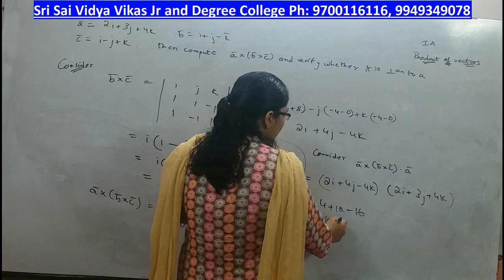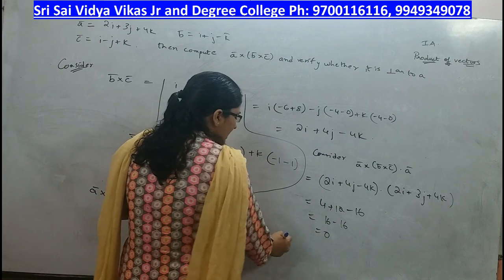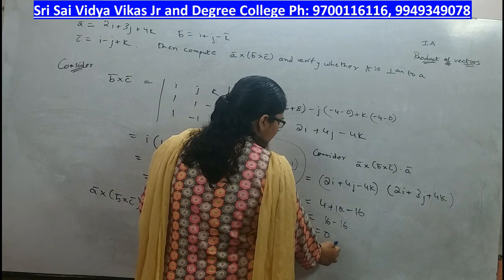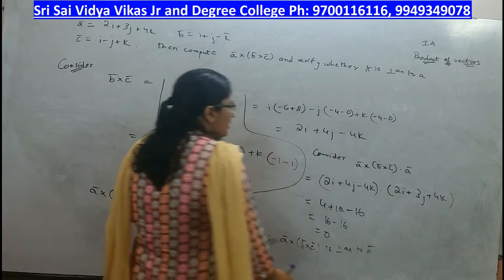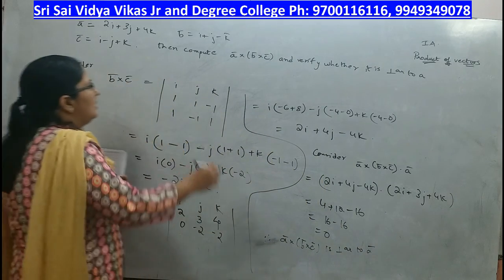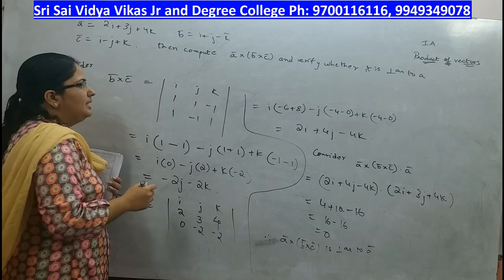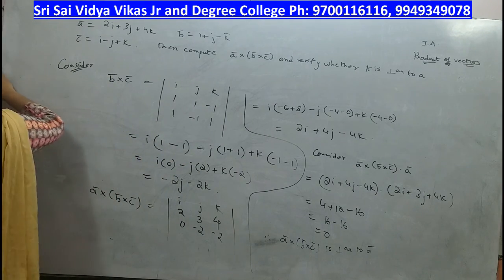This is 16 minus 16, which is 0. Therefore a bar cross b bar cross c bar is perpendicular to a bar. Because the dot product is 0, a bar cross b bar cross c bar is perpendicular to a bar. Let us discuss the next problem.